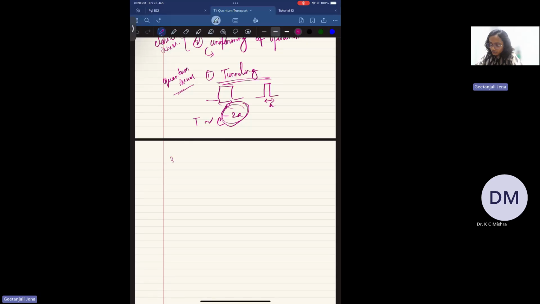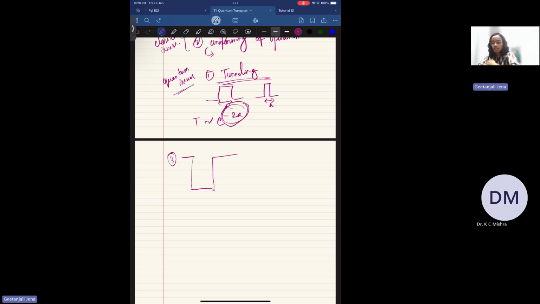Now the third issue is due to the quantization of energy because of this size reduction. We can easily understand this by taking one of the most commonly used examples, the infinite potential well.